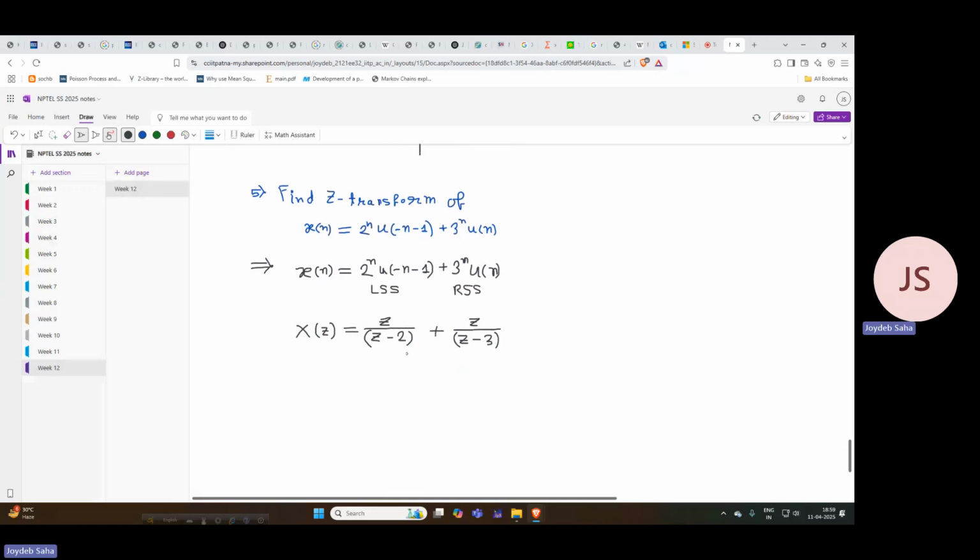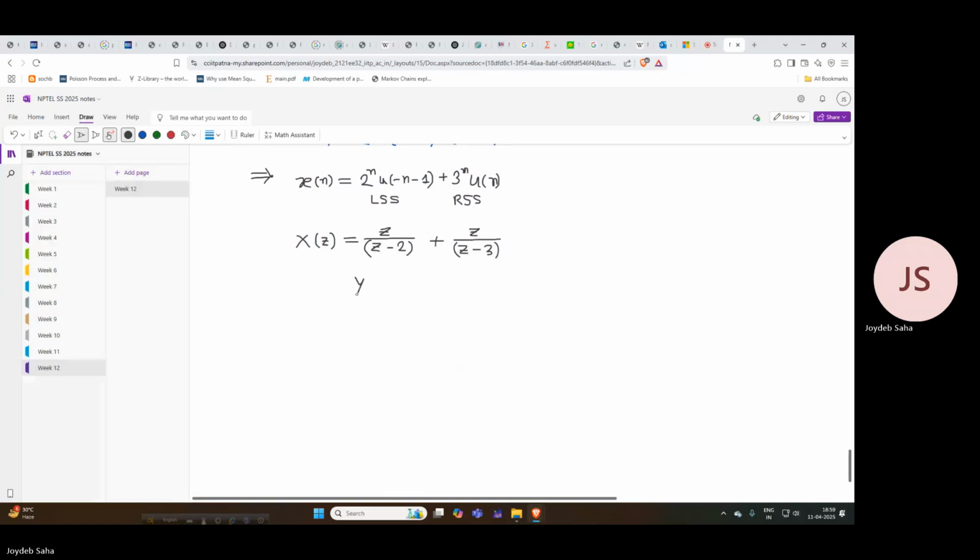Okay, here gamma 1 is equal to 3, this one, because |z| is greater than 3, right? And gamma 2 is 2.